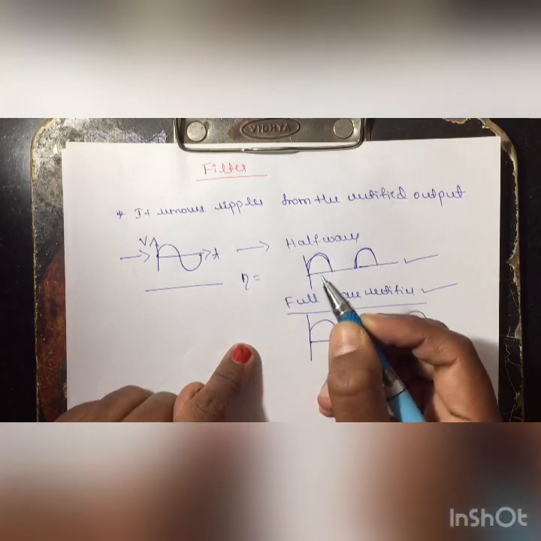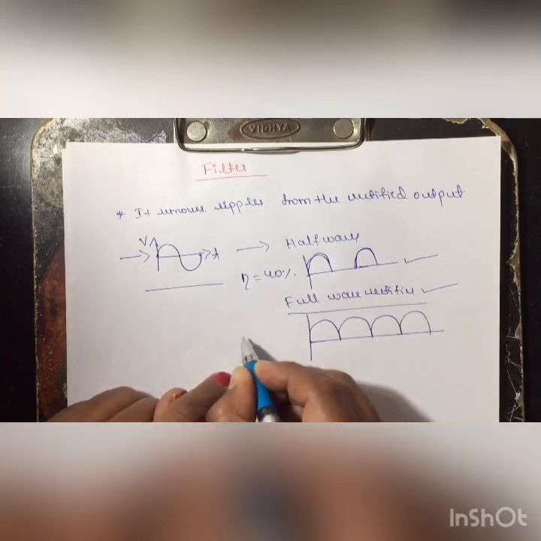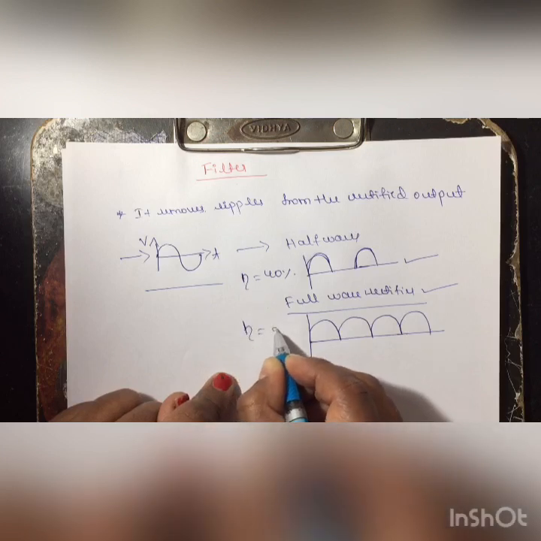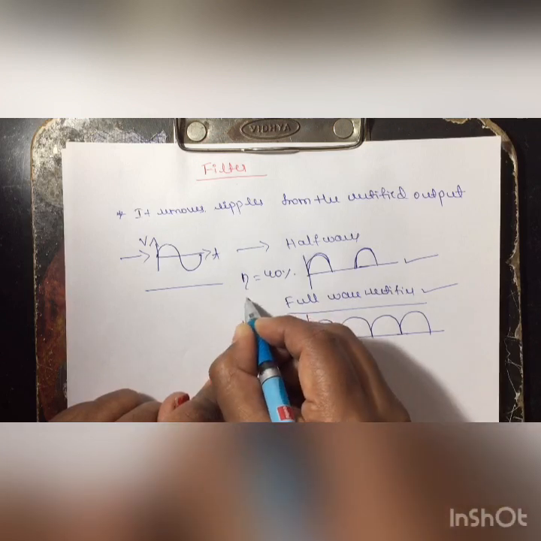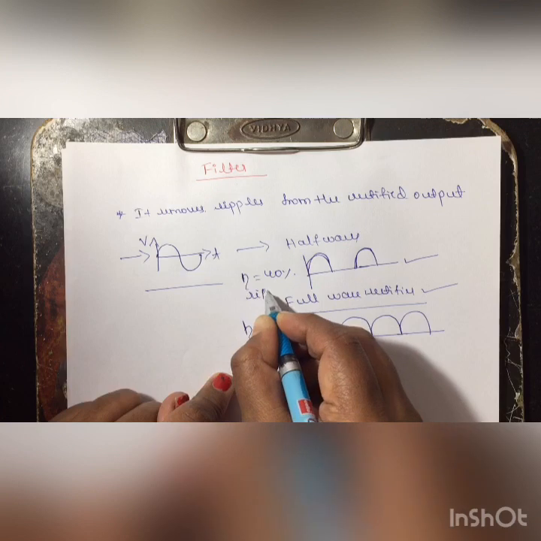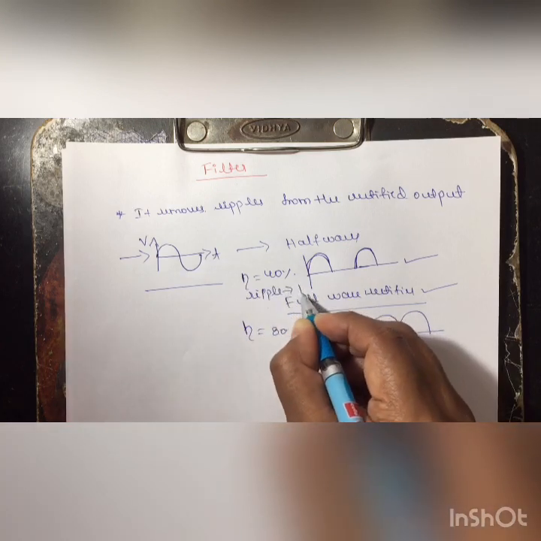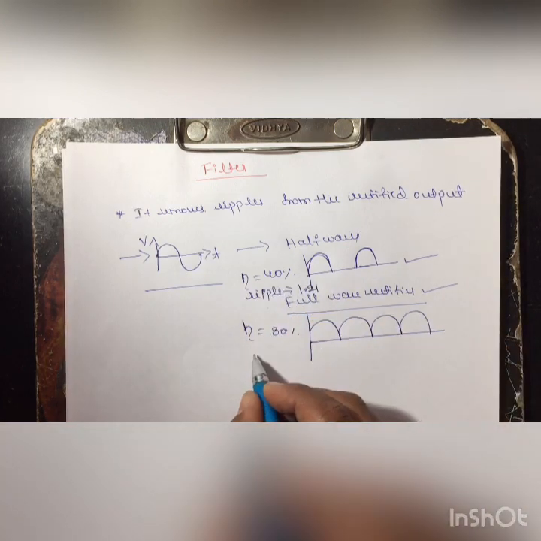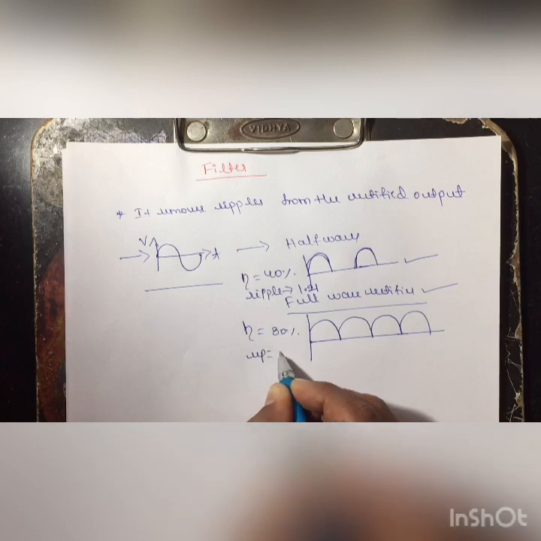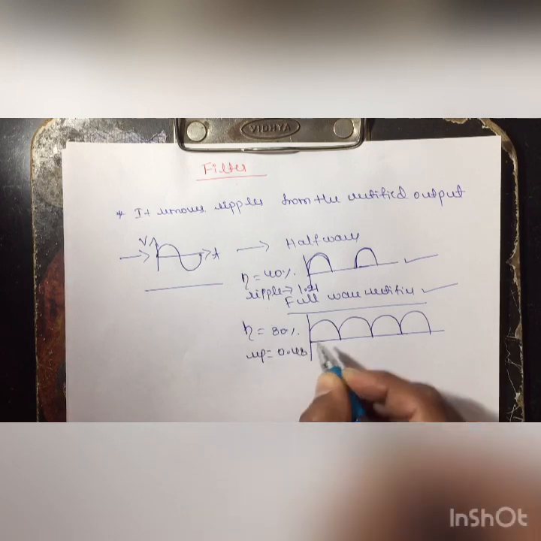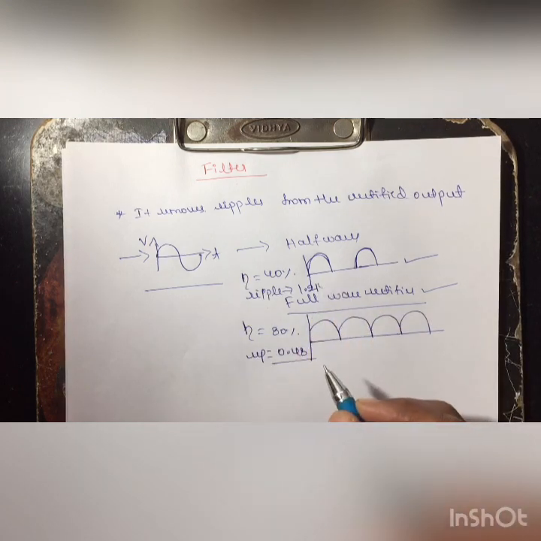The efficiency of a half wave rectifier is 40% and the efficiency of a full wave rectifier is 80%. The ripple factor of the half wave rectifier is 1.21, and the ripple factor of the full wave rectifier is 0.48, which is less in comparison.